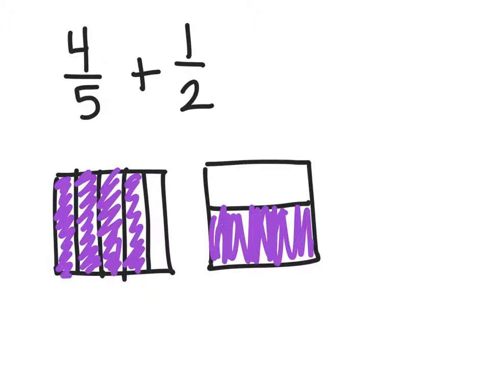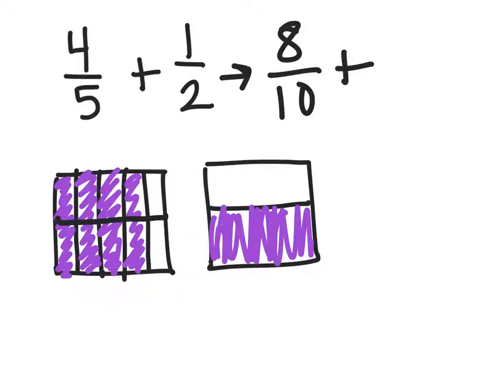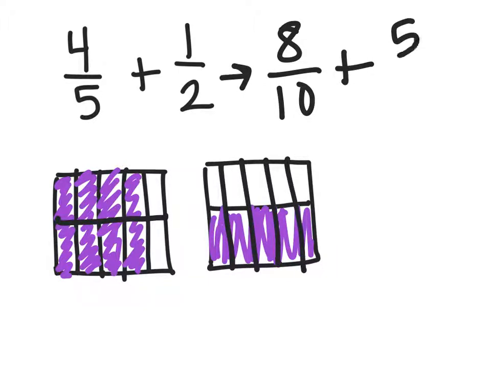So in this case, 5 and 2 could both become denominators of 10. So in order to do that for the 4/5, we just need to multiply that by 2, and that will give us 8 tenths. And then for the 1/2, we'll need to multiply that by 5, and that will give us 5 tenths.